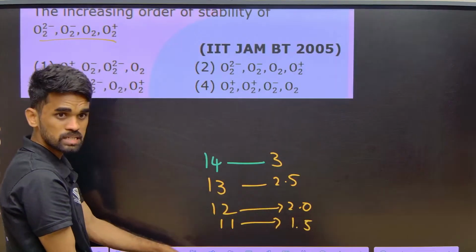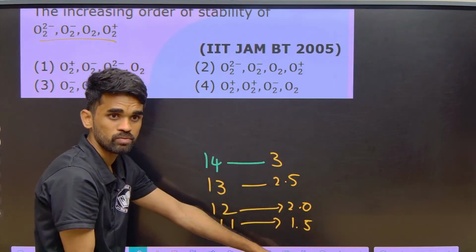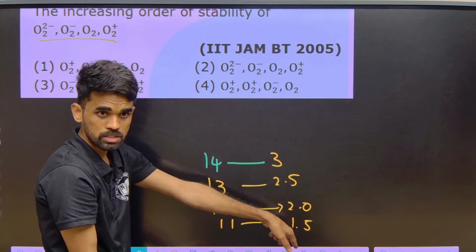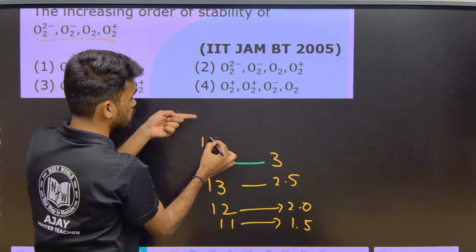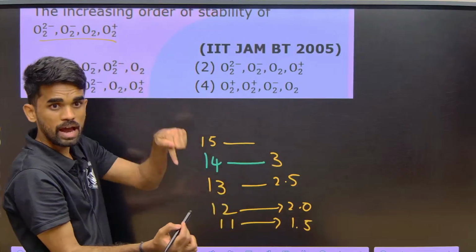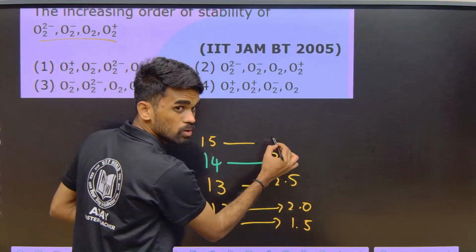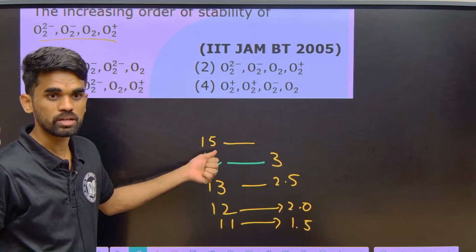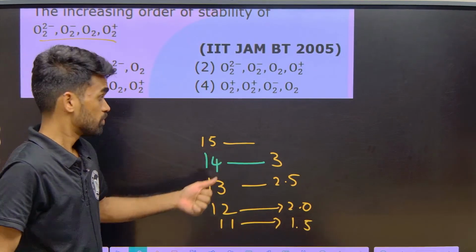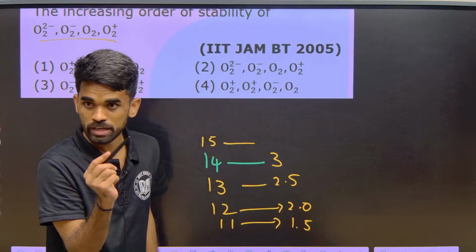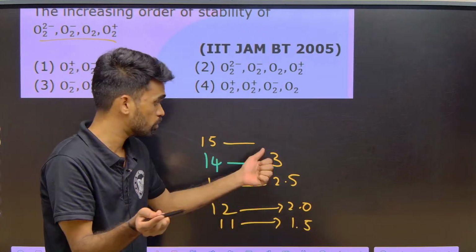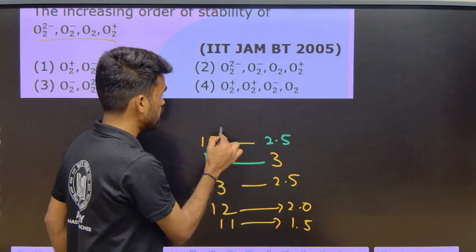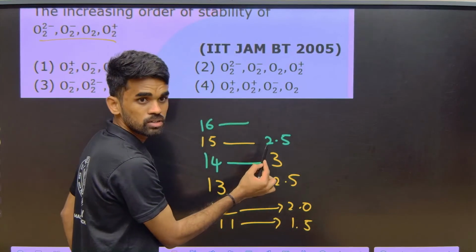Decrease 1 electron, decrease bond order by 0.5. Now increase 1 electron: the 15th electron goes to anti-bonding, so what happens to our bond order? It decreases. Again 2.5, and if it is the 16th electron, like this.